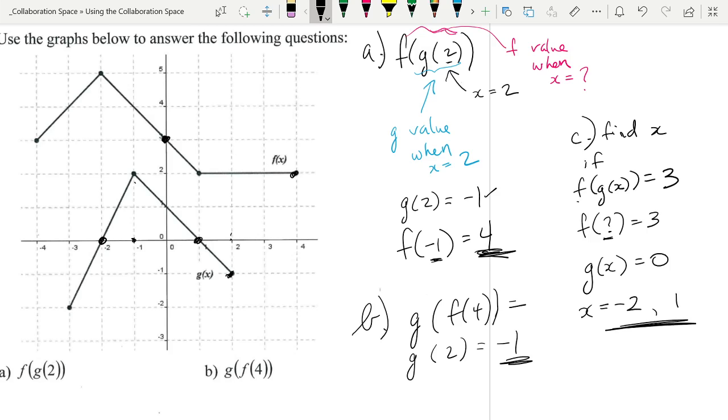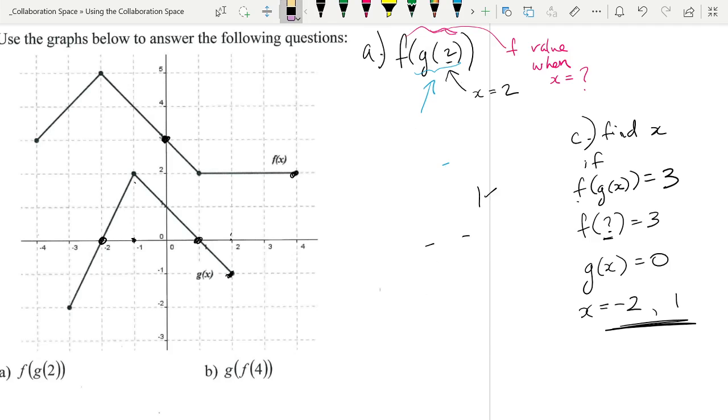If you're doing a question like this and you want to check to see if you're right, can I erase this part now, now that we're done these questions? You could do a check. If I'm right, then f of g of -2 should be 3, and so should f of g of my other answer, 1.